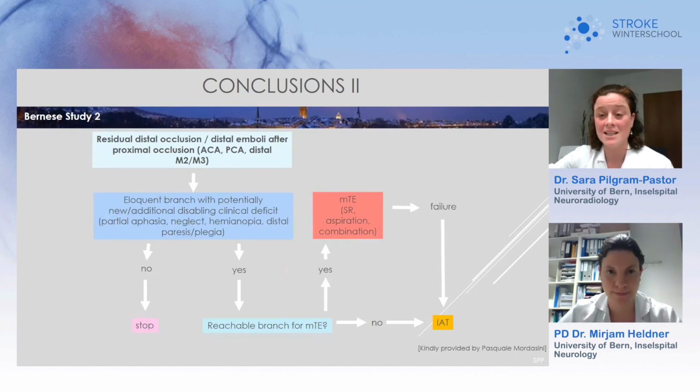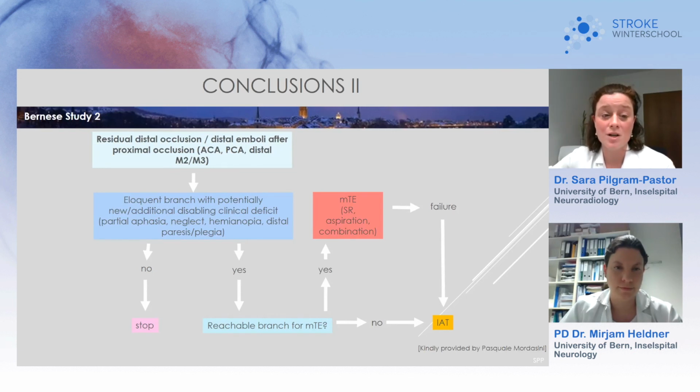The next slide now focuses again on another patient group. This is the patient group where you have a residual distal occlusion or distal emboli after proximal occlusion of the ACA, the PCA, or the distal M2, M3 branches.